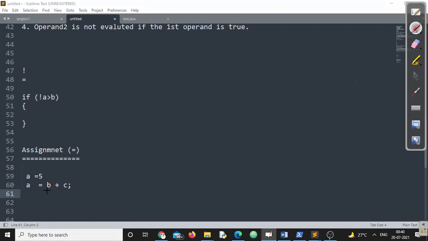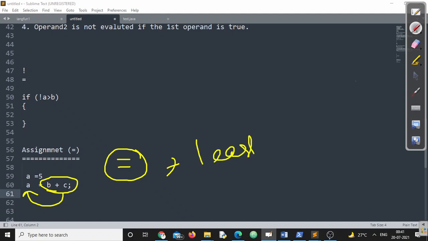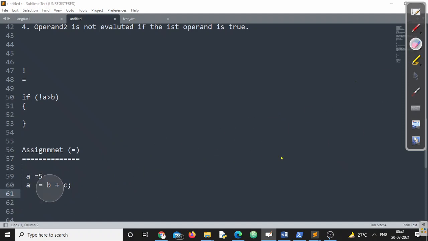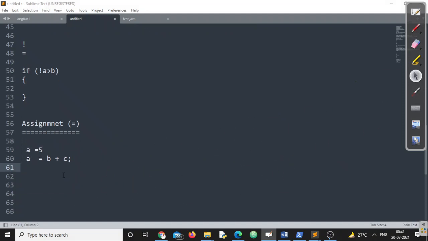After the right hand side operation is completed, the value will be assigned to A. That means, remember always, in an expression, the assignment operator always has the least precedence. It will be operated at the end of the expression. Remember that point, right?